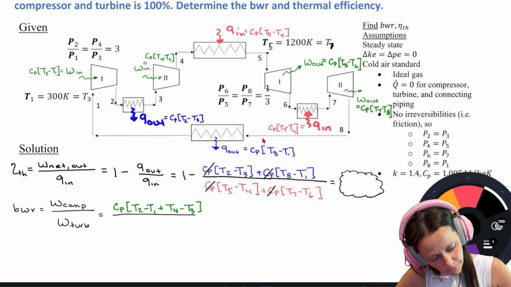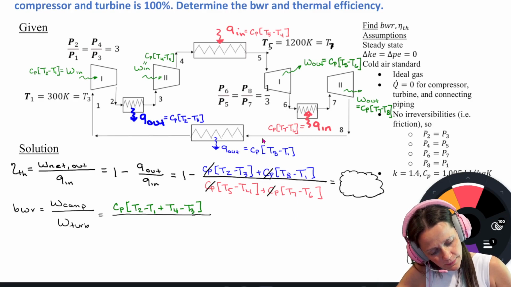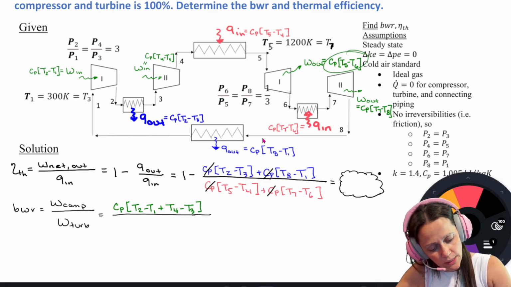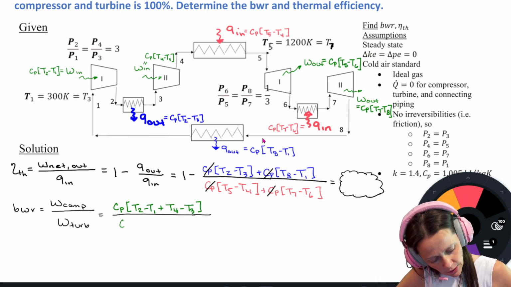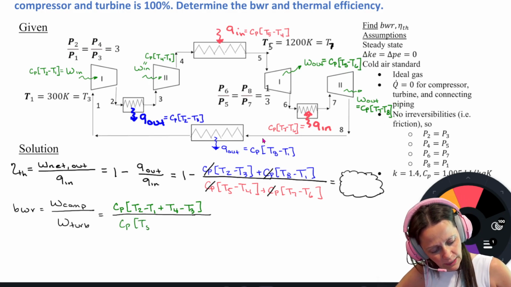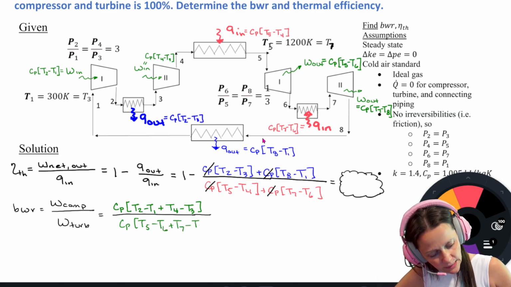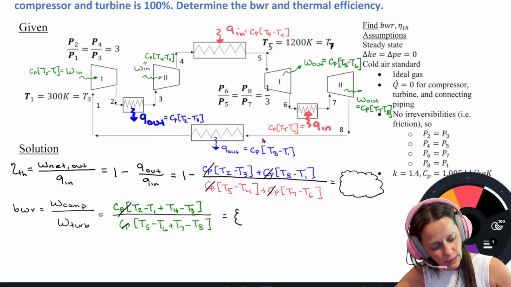And then on the bottom, I've got the work of the turbines, this and this. So I have CP times T5 minus T6 plus T7 minus T8. Perfect. And of course, the CPs are going to cancel out, and I should be left with some number here.